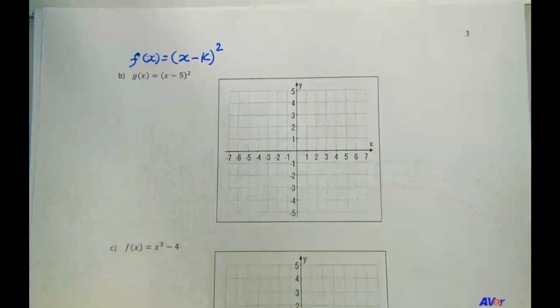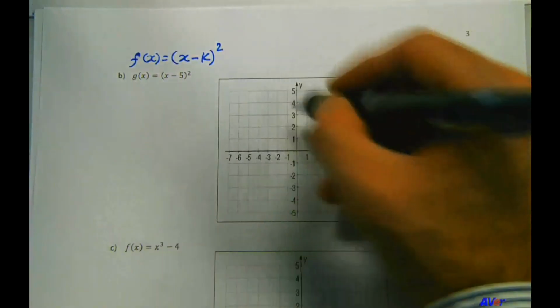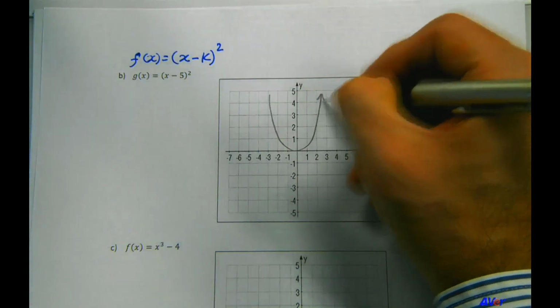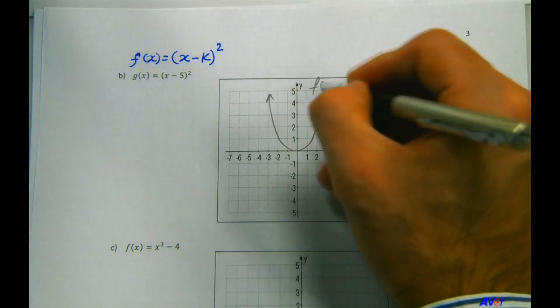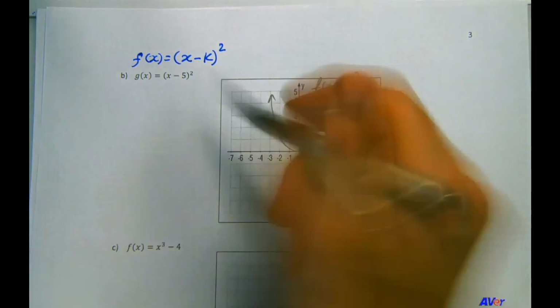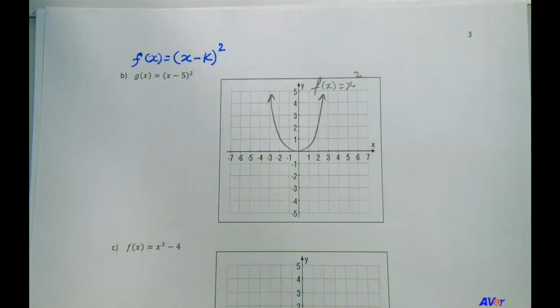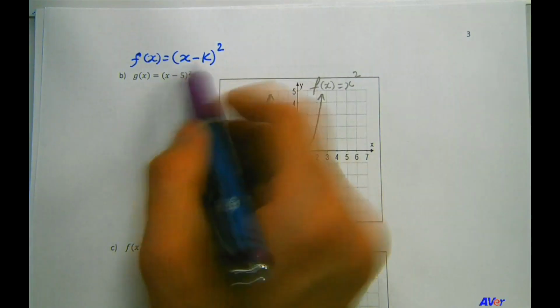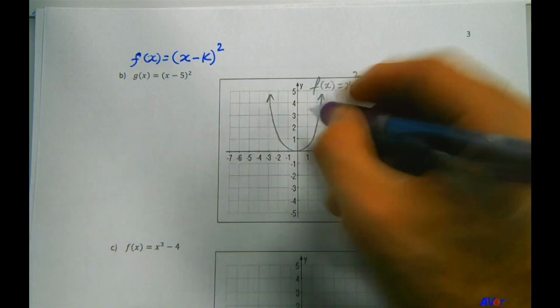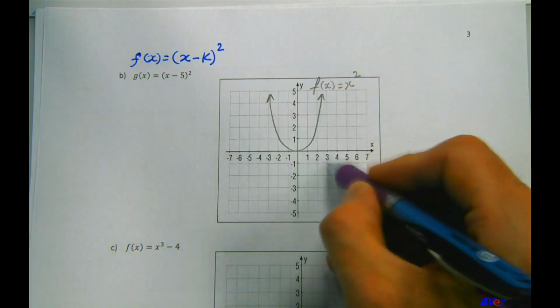If this is the original function f of x equals x squared, then this function will have moved 5 units to the right. So that would be 1, 2, 3, 4, 5.